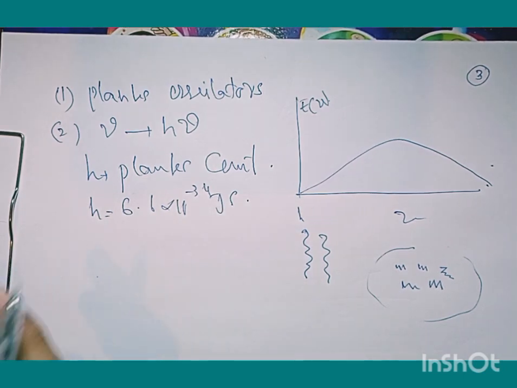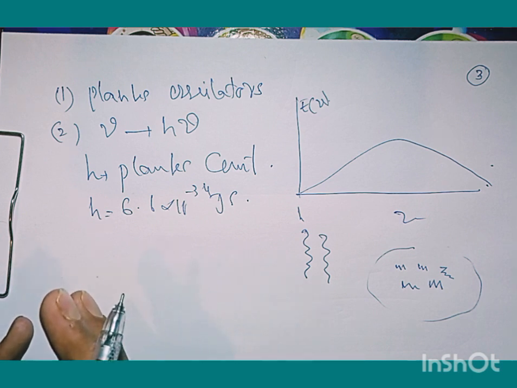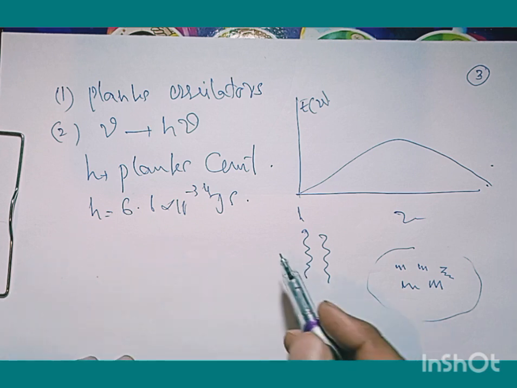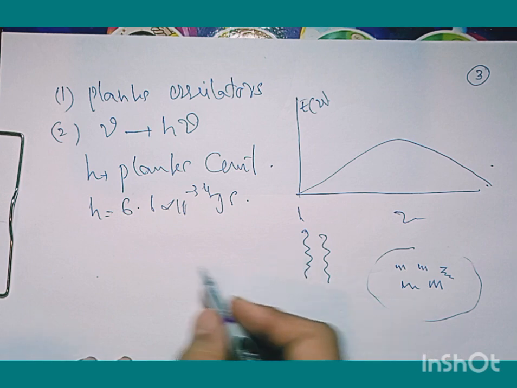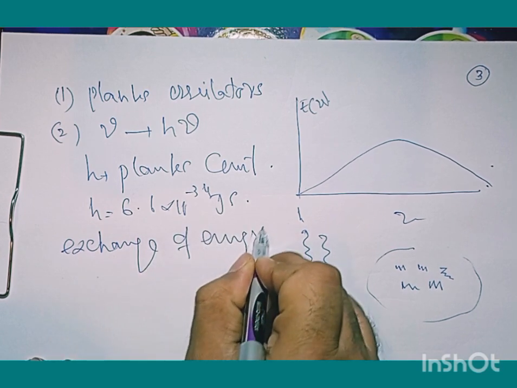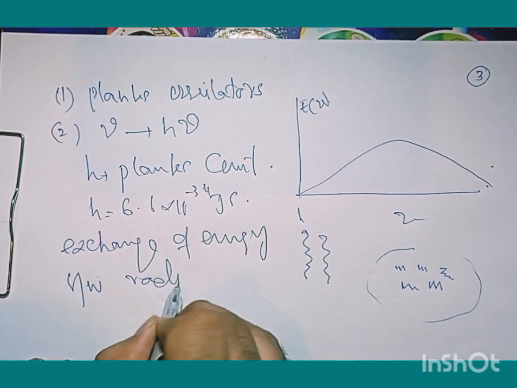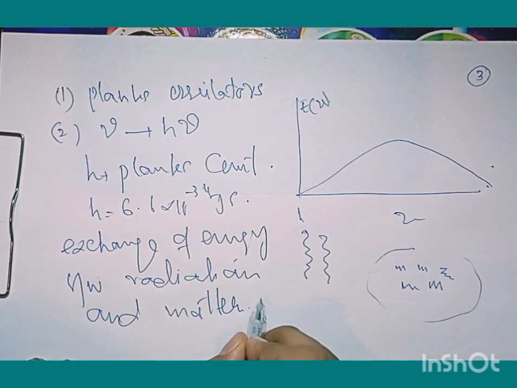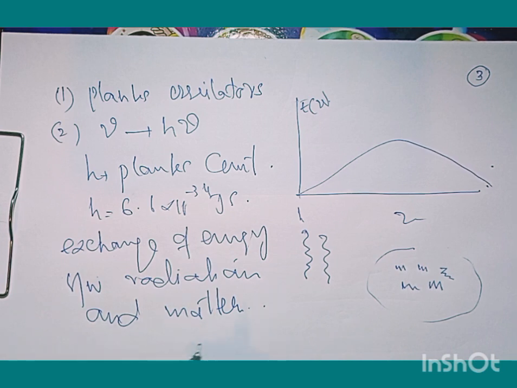Now this assumption is the most revolutionary in character. If I had to translate this in other words, what it states is that the exchange of energy between radiation and matter cannot take place continuously, but is limited to a discrete set of values.